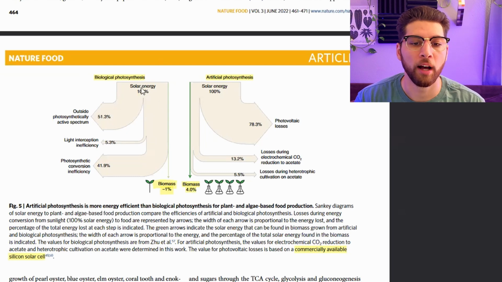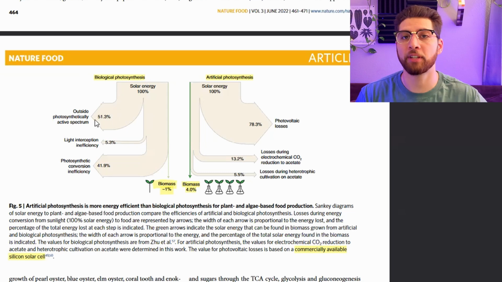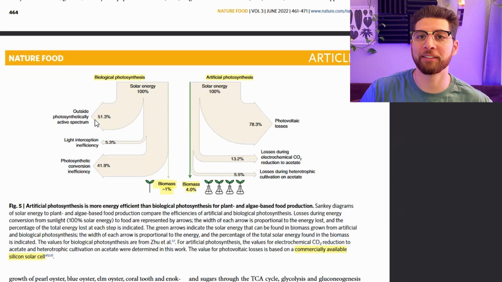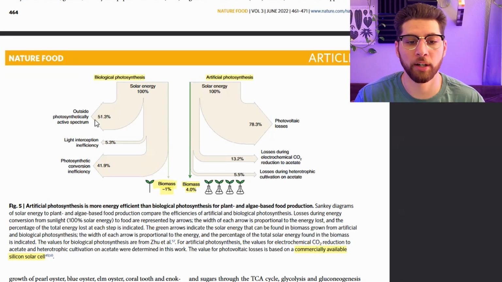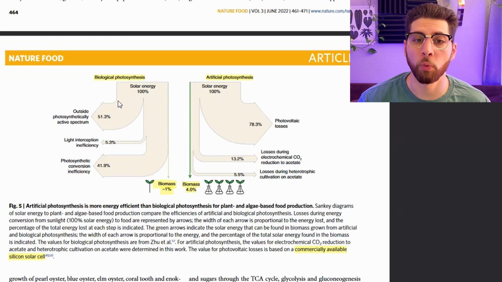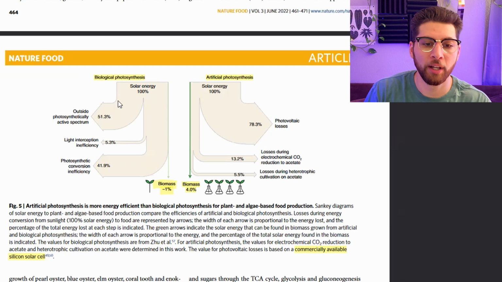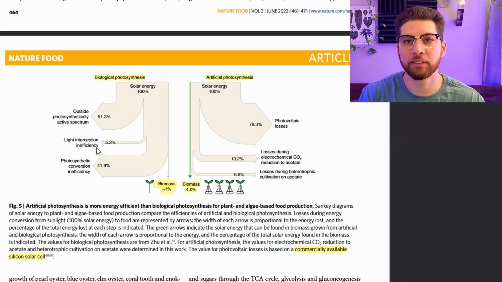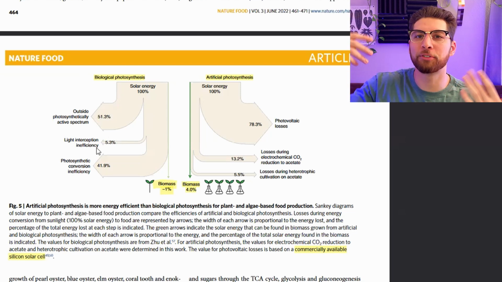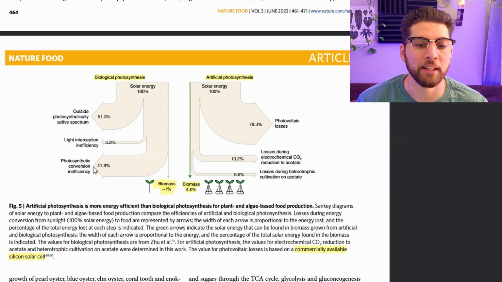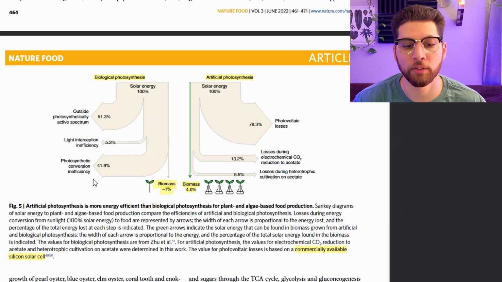So again, a lot of this solar energy is outside of the spectrum that chloroplasts and chlorophyll are going to absorb, right? About 51% of it is just impossible for these plants to absorb. And then we have light interception efficiency, so how the leaves are angled potentially, and then the photosynthetic conversion efficiency.